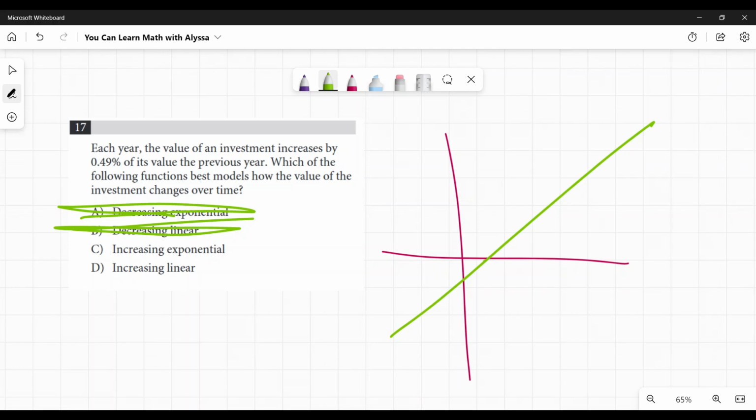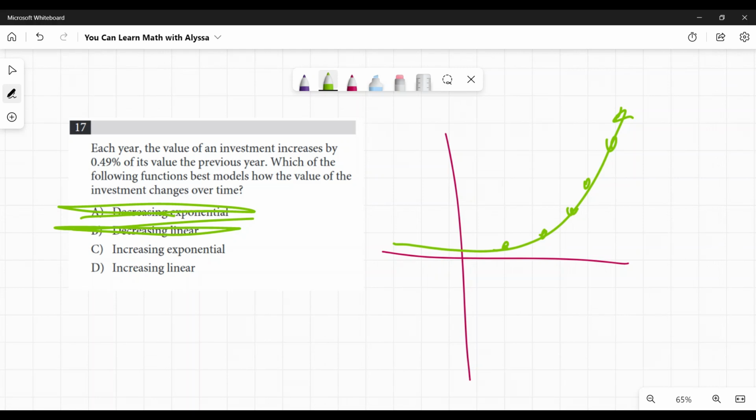That's like if I get $5, and then the next year I get $5, next year I get $5, and I just get $5 every single year. That's a linear function. Exponential is I get twice as much as I had the previous year, then twice as that, and twice as that much again. It's getting bigger and bigger every single time.